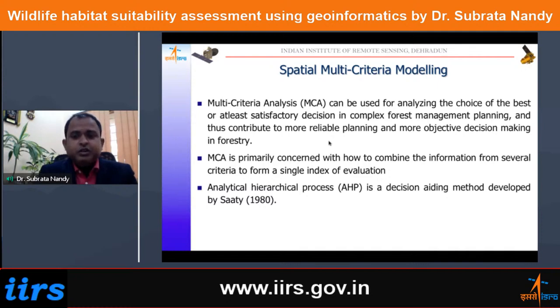It is primarily concerned with how we combine information from several criteria to form a single index of evaluation. In this case, the analytical hierarchy process is widely used, one of the techniques which comes under multi-criteria modeling. This AHP was developed by Saaty.